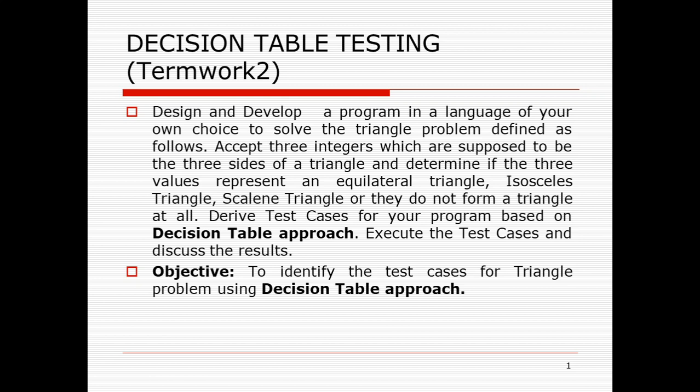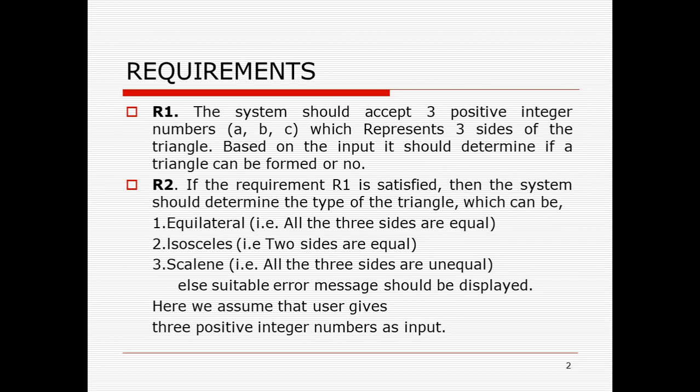and our objective of this particular experiment will be to identify the test cases for the triangle problem using the decision table approach. So there are two requirements here. The first requirement is that the system should accept three positive numbers, which represent the three sides of the triangle.